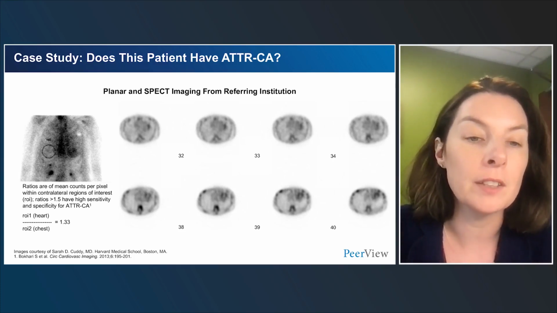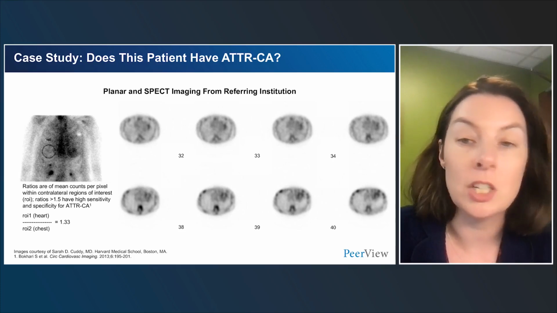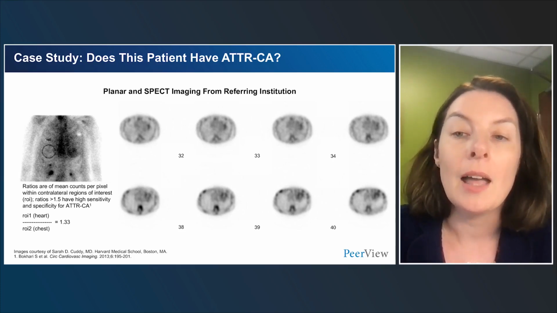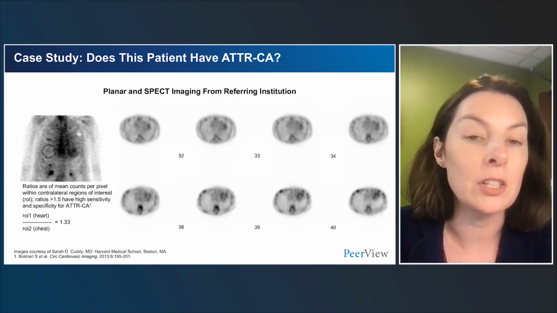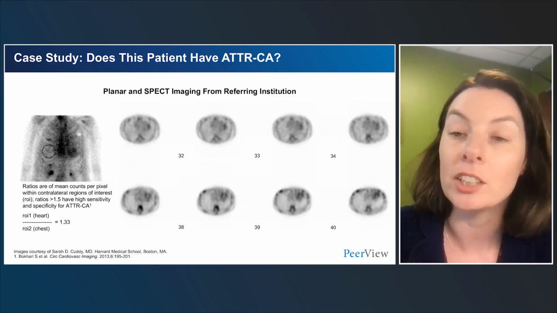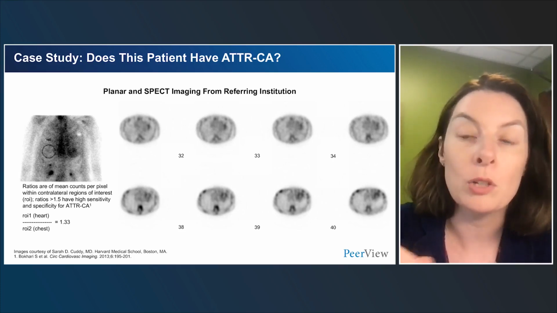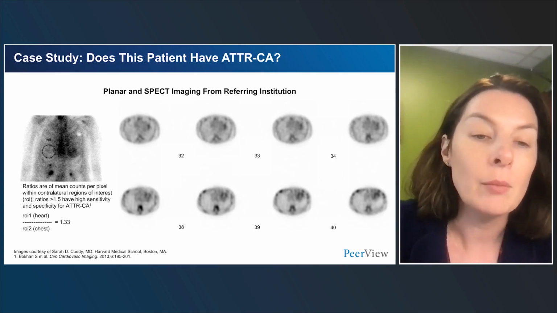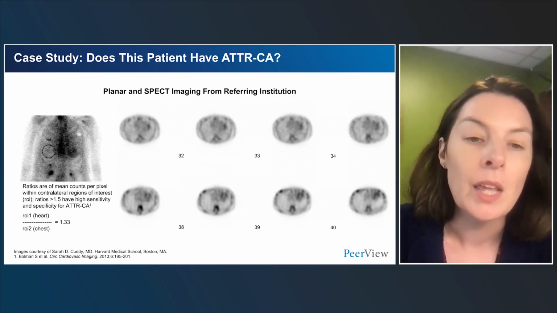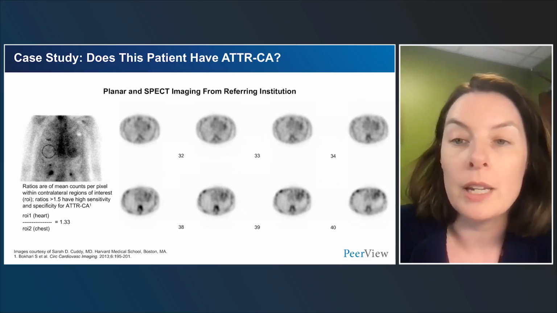So here, first we see a planar image with two regions of interest drawn. Initially, when this technology was being adopted, a lot of the publications were on the benefit of using planar imaging and calculating this heart to contralateral ratio, where you draw a region of interest over the heart and one over the contralateral lung. And we can see here in small writing that this ratio was 1.3.